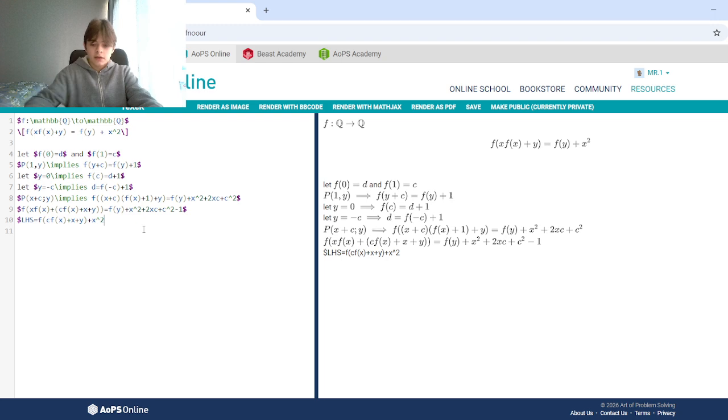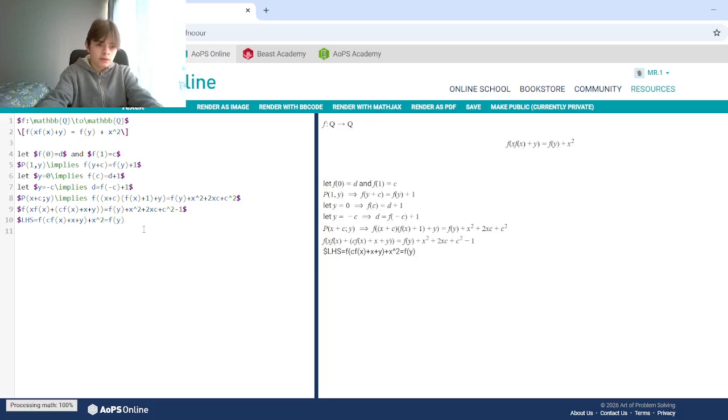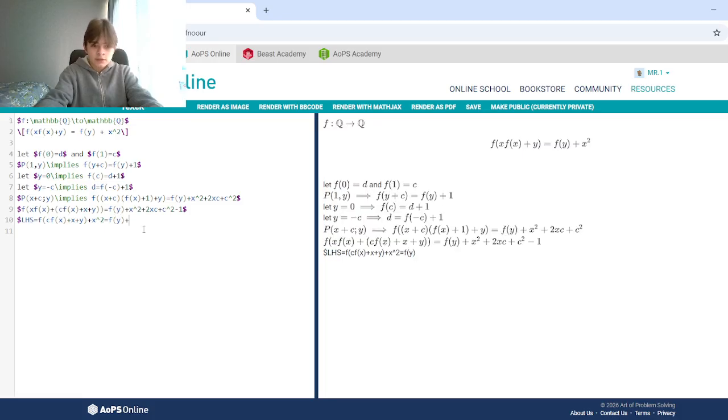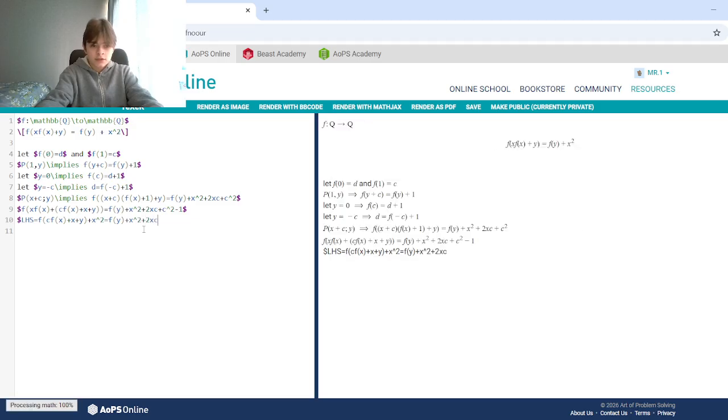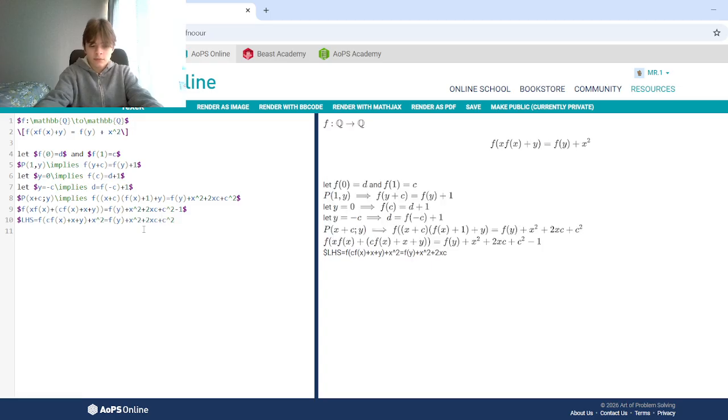Okay, and we know that this is equal to f(y + x^2 + 2xc + c^2) - 1.